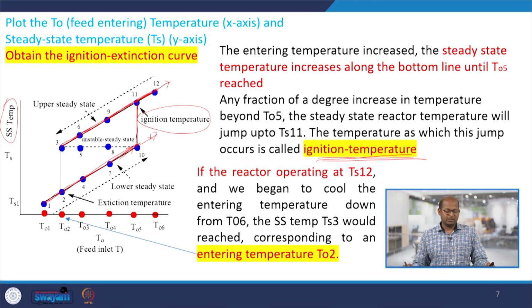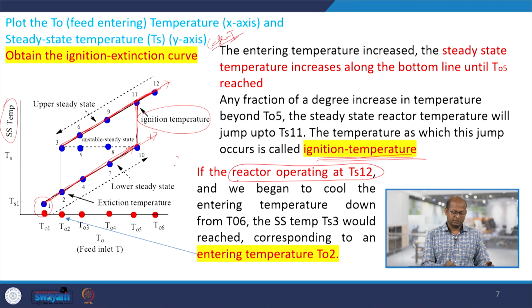So, here we started the reaction with a feed temperature and a steady state temperature, and as we gradually increase the feed inlet temperature it jumps here. Now, if we start the reaction at a high temperature, with the reactor operating at TS12, this is case 1 and this is case 2.